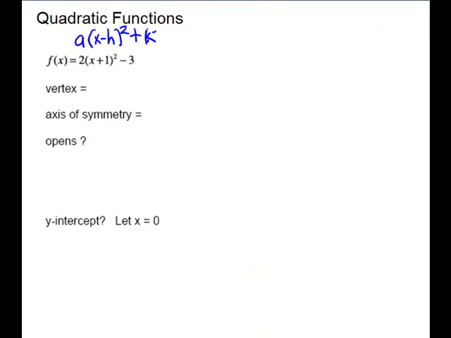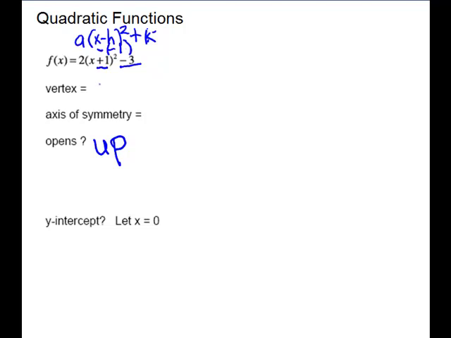Our next problem is also a parabola. It is in the standard form, and our a is a positive 2 here, so it's going to open up. We can pick off our vertex. Now you have to be just a little bit careful here, because minus h is the form and you've got plus 1, so this is minus a negative 1.